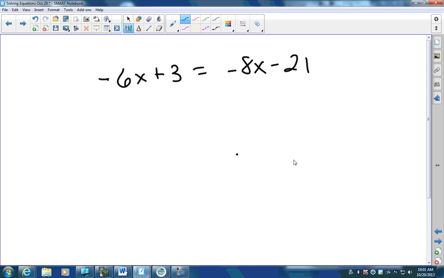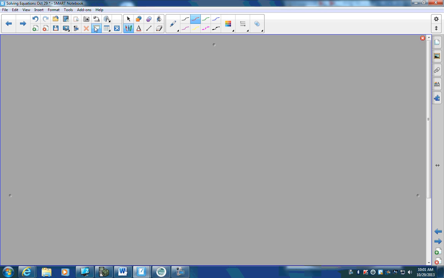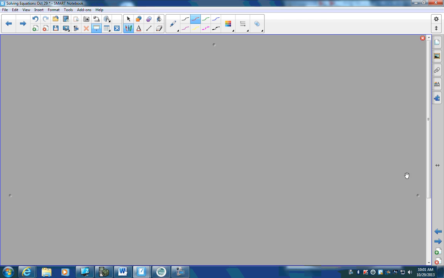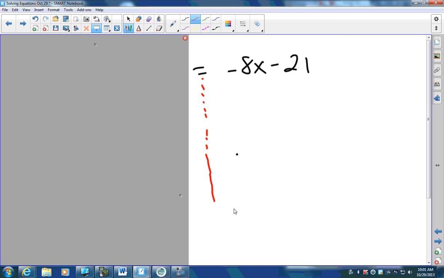Now, as you notice on this one, if I draw my dotted line at the equal sign, and I look on the left-hand side, there's nothing I can put together over here. If I go over and look on the right-hand side, there's nothing that I can put together because there's x's and units.